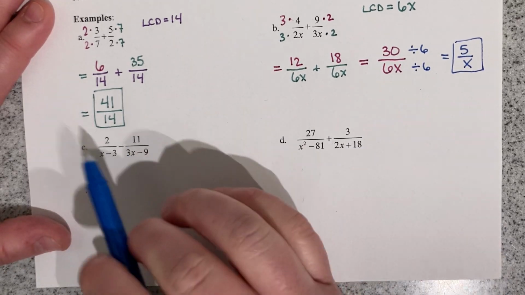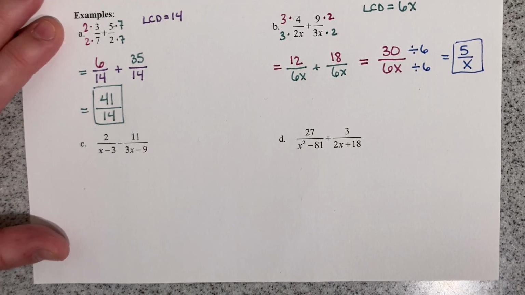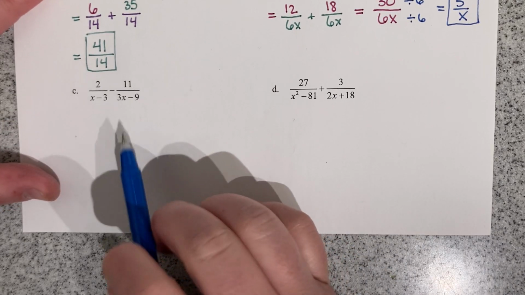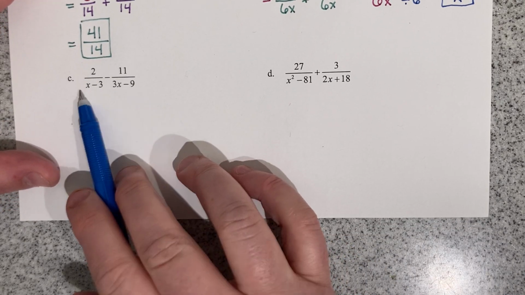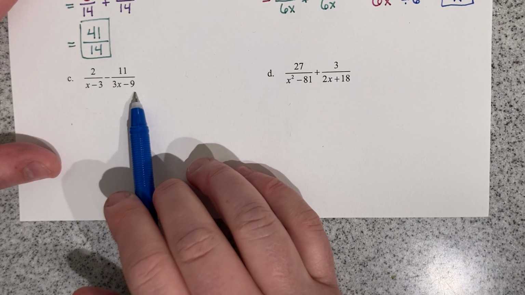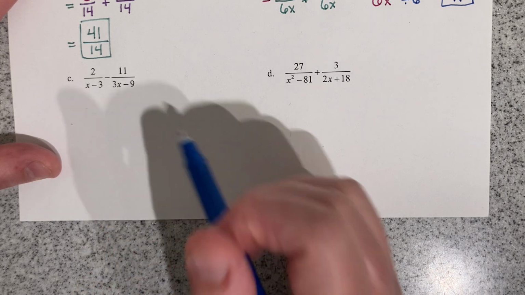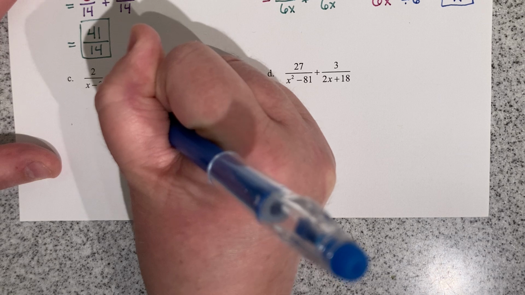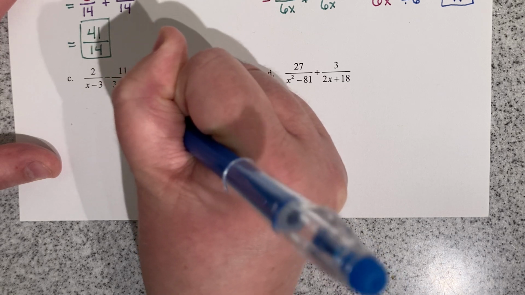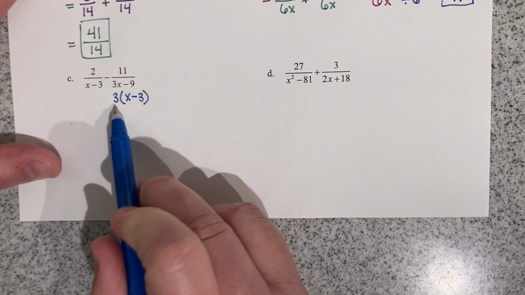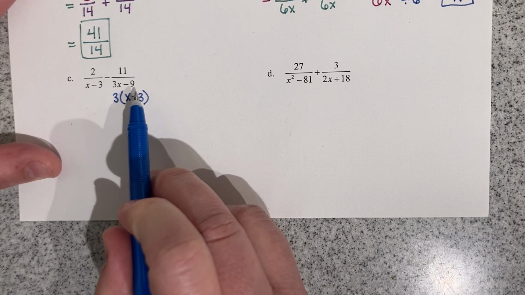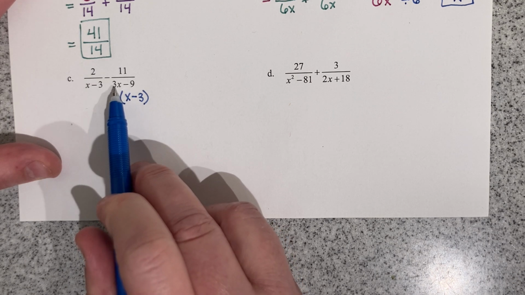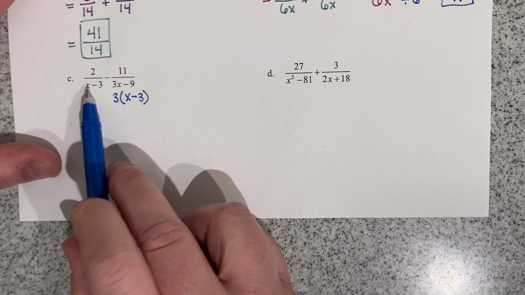Okay. Part C. First step is to find a common denominator. Things are looking a little different. First step is to factor. So I need to think of 3x minus 9 as 3 parentheses x minus 3, right? Multiply it out, that's the same denominator, but in factored form.